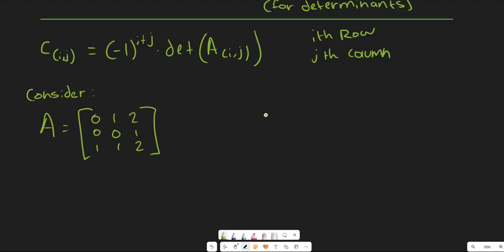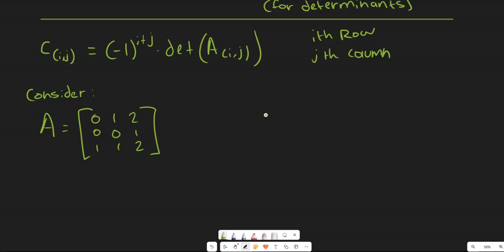So we use Laplace or cofactor expansions to calculate the determinants of bigger matrices like these, because the rule that I stated earlier can't really apply to this kind of matrix. If we just try to apply it here, it won't work. And if we had bigger matrices, say in R4 or R5, then it would get really tricky.